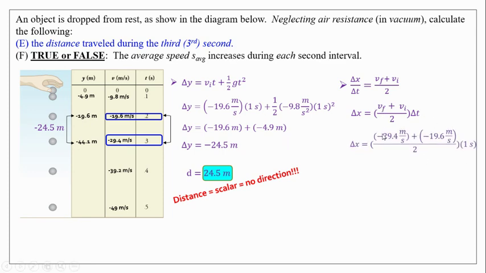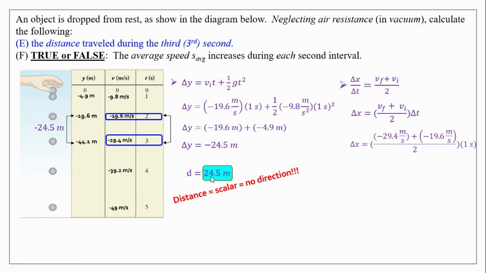Here, vf is negative 29.4 meters per second because at 3 seconds, that's how fast it's moving in the downward direction. And then at 2 seconds, it is moving at a rate of negative 19.6, which is what I've boxed in blue here to the left. So you notice my starting time is at 2 seconds, my ending time is at 3 seconds, and I know these two velocities already, if you can just add 9.8 every time quickly in your head or calculator.